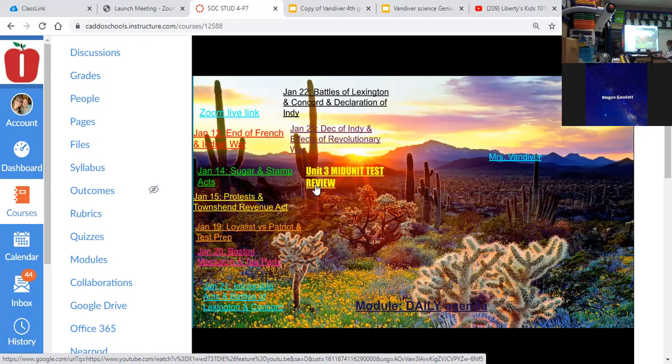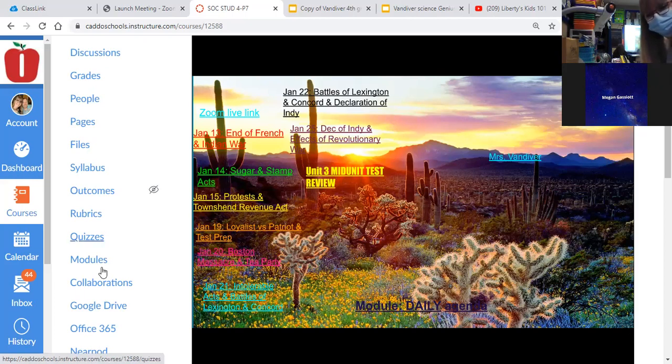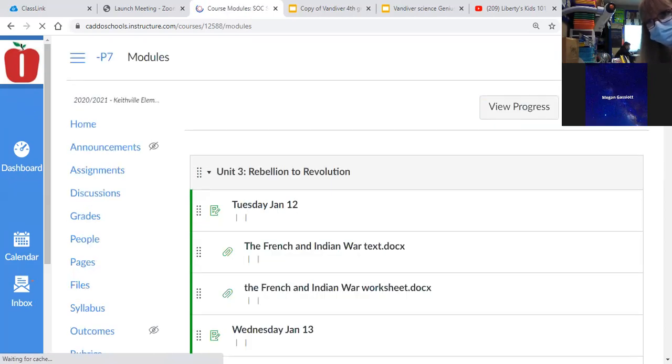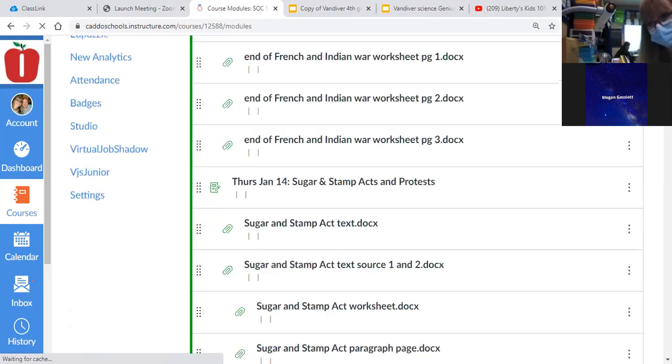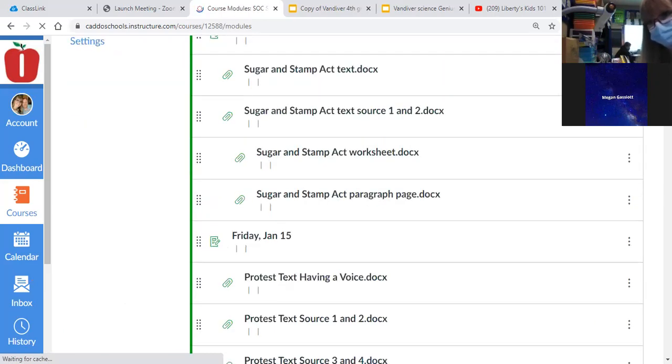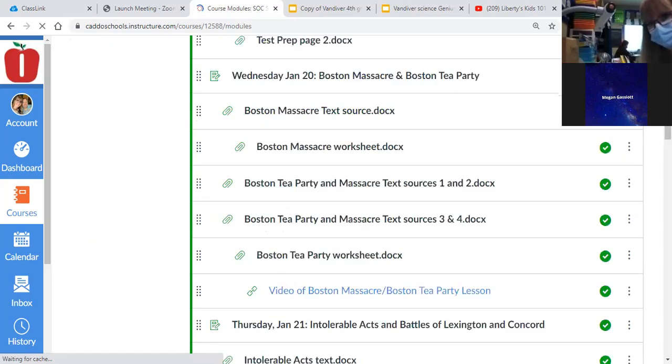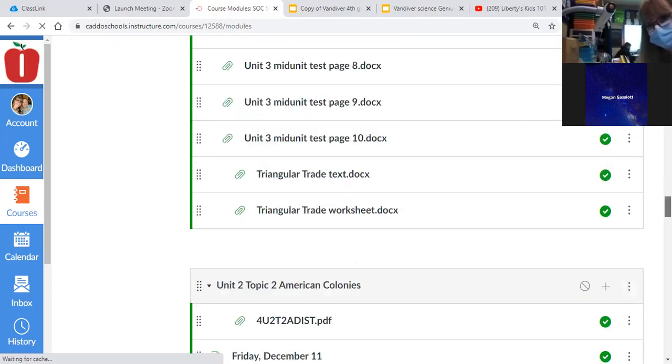All right, did everybody get one? Okay, so now we're going to go to modules. Megan, if you would like a printed copy, I can meet your mom or your dad to give you one, but this is also posted right in Canvas.